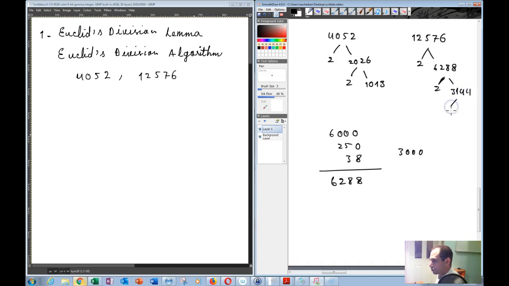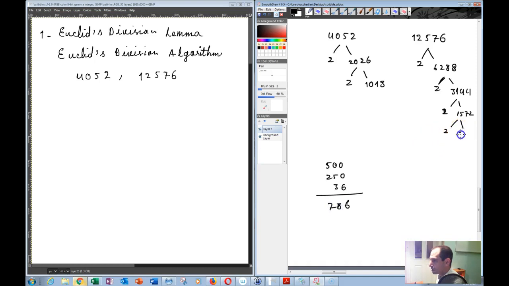This divided by 2 is going to give you 1572. So 2 times 1572, and then 1572 divided by 2 is going to give you 786, and then this divided by 2.